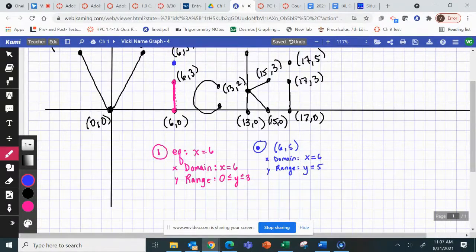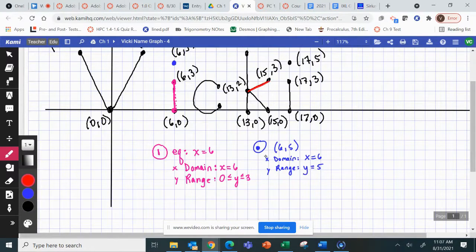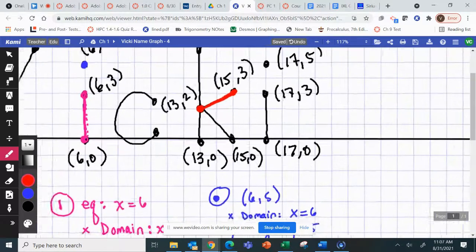Now let's look at the k. I'll make a red right here. Got part of my k. You see the part of the k I'm going to do?